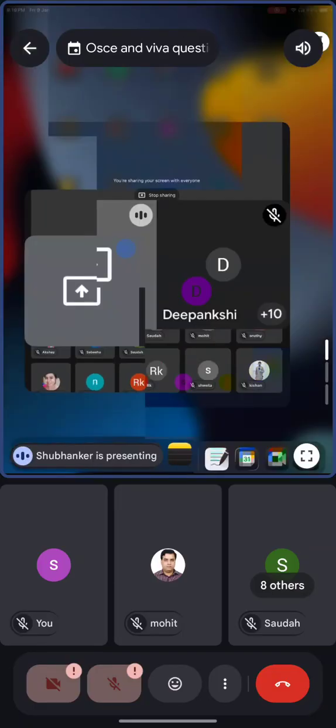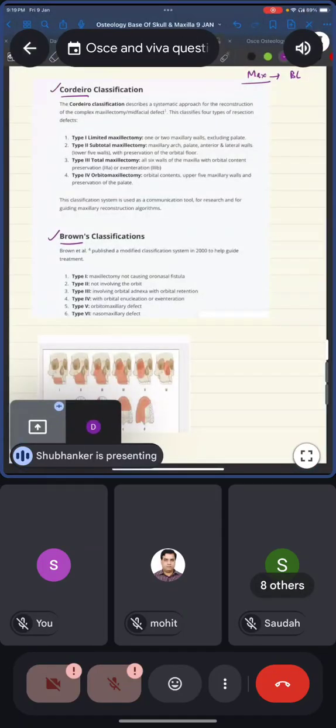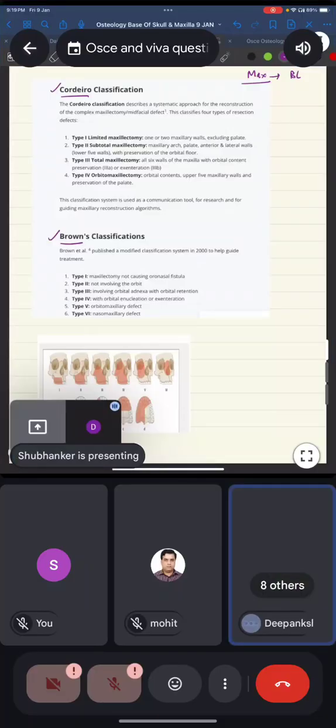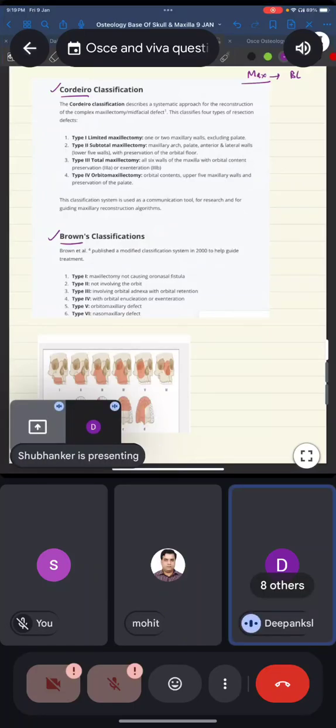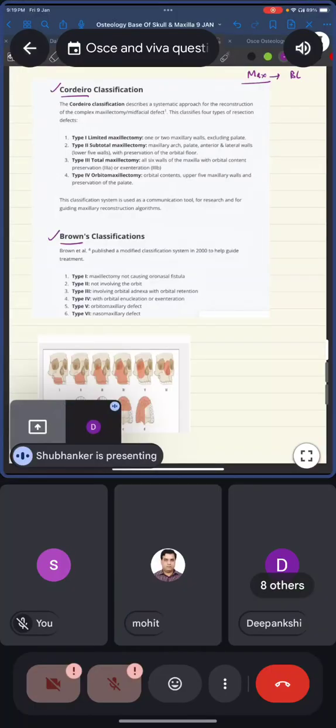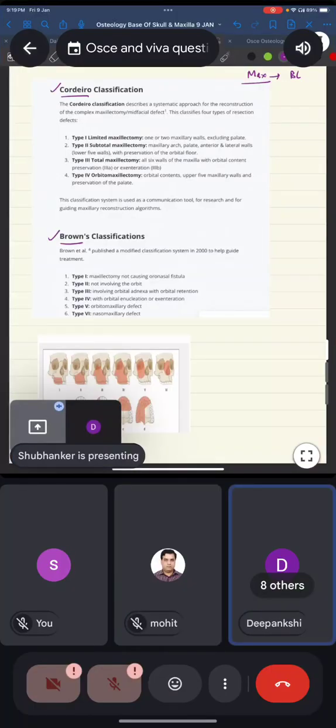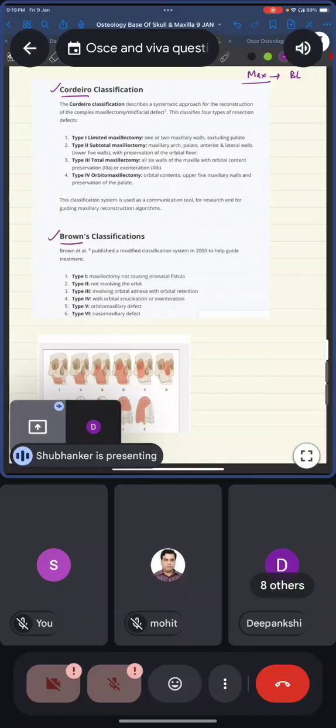Sometimes I feel you all have put Google Meet on and gone away. So what is the question? Can you repeat? Yes, like we have these classifications for maxillectomy defect. For mandibular there were two known classifications. Anybody remembers the names? Arkan and SCL. Yes, thank you, Doctor. Thank you so much. I request a little participation, that's all, in case possible.